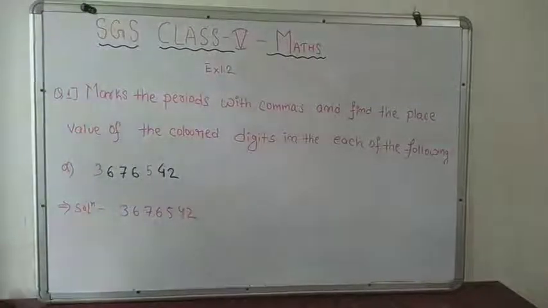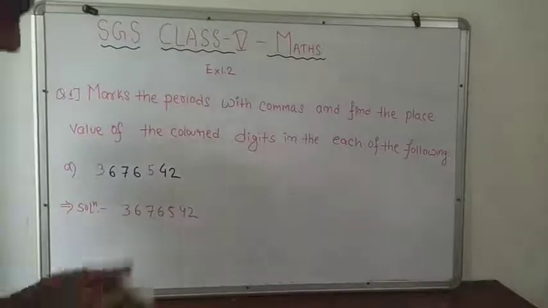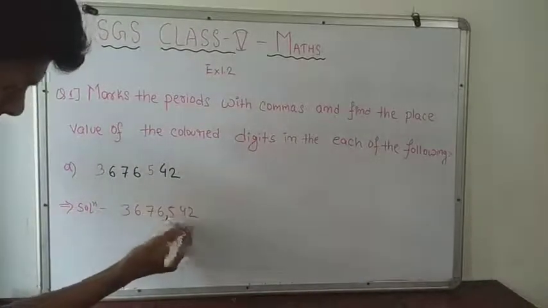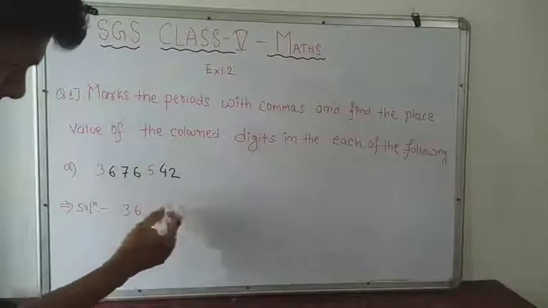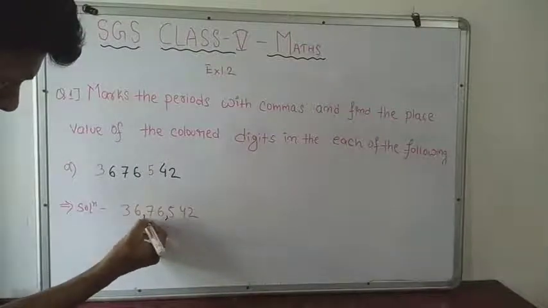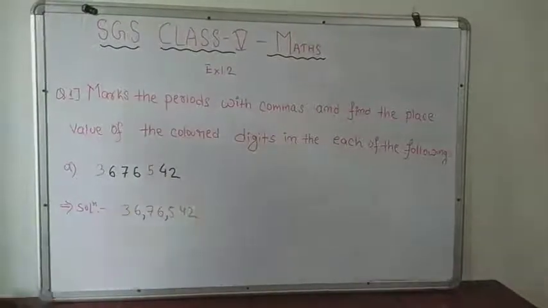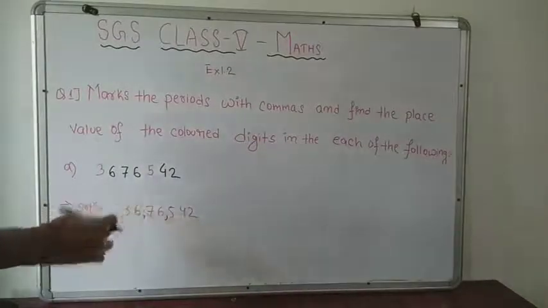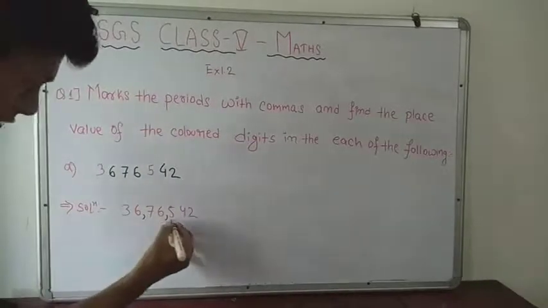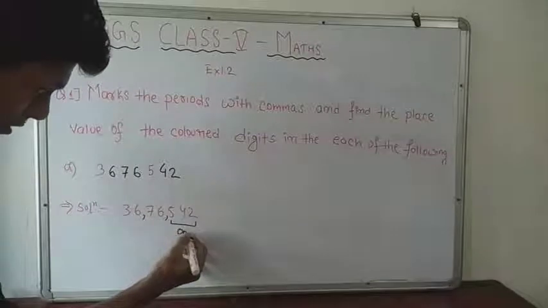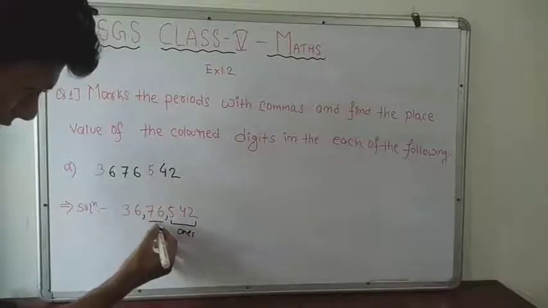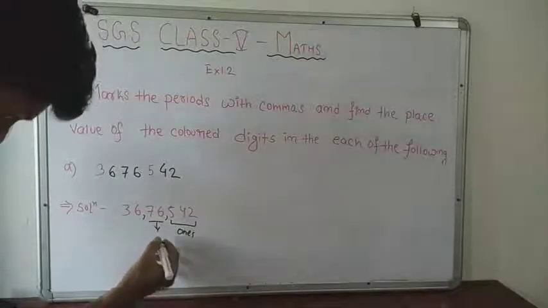How can we arrange them? We know that the first 3 digits are always a group, that is, they come under one place, and after these, 2 digits come together as a pair. The first 3 digits come under which place? Ones place. Then the next pair comes under which place?